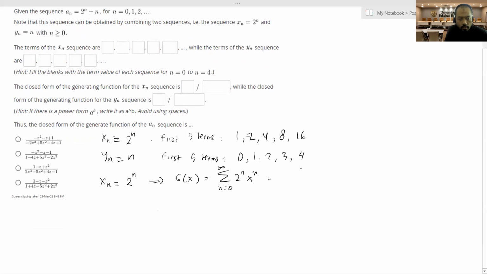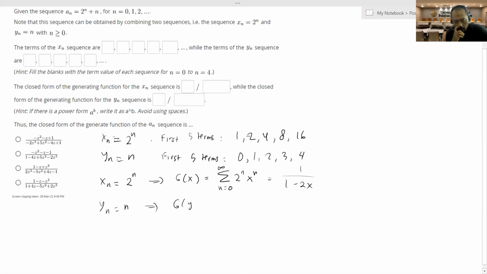This is equal to 1 over 1 minus 2x, because this is an infinite geometric series where the ratio is 2x.